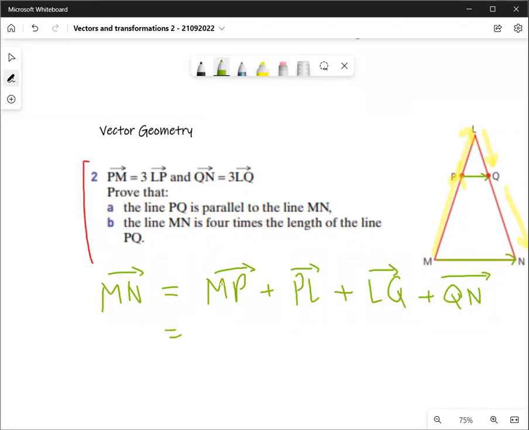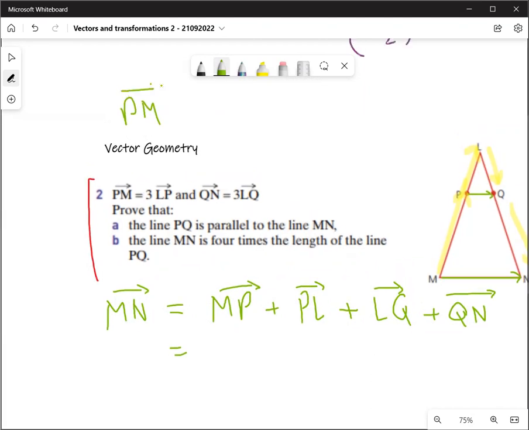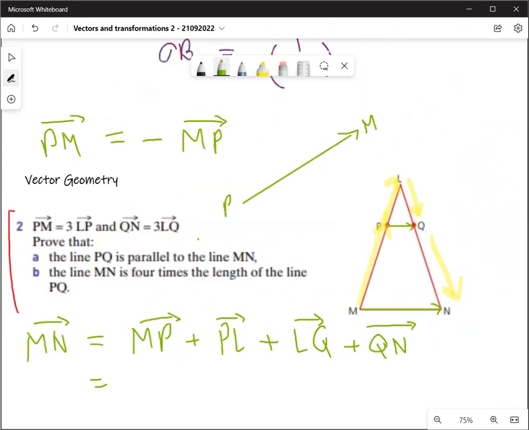Now, how do I write MP? Another thing you should note down: whenever you have something like this, PM is equal to minus MP. If you flip the letters, then that's the opposite. Let's say PM is 3, 2.